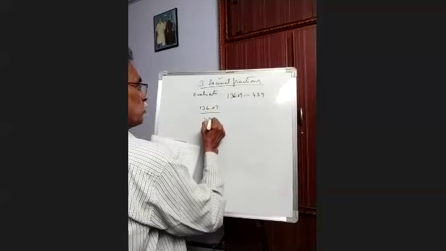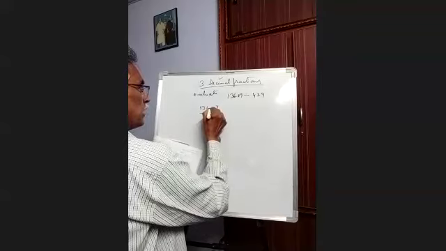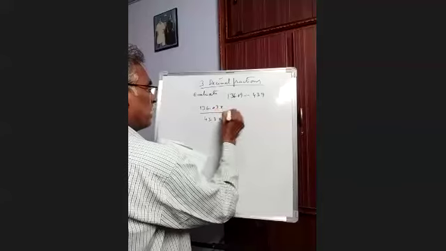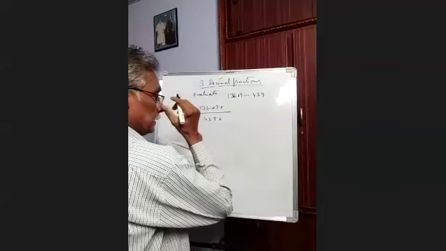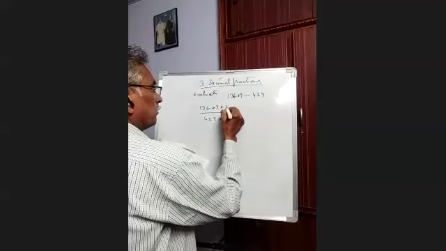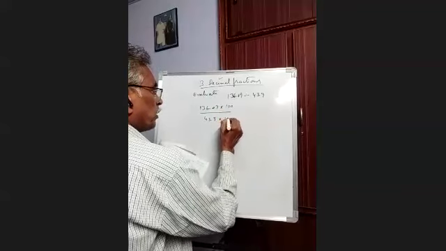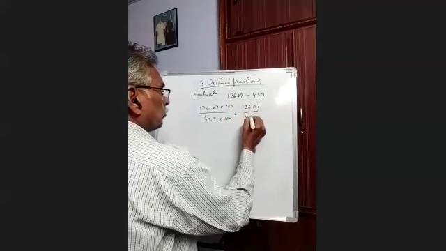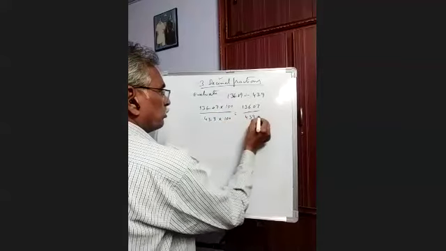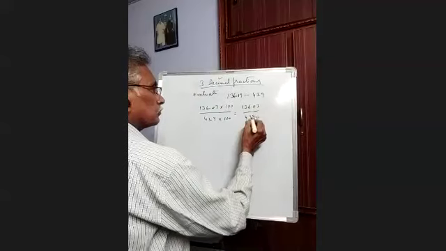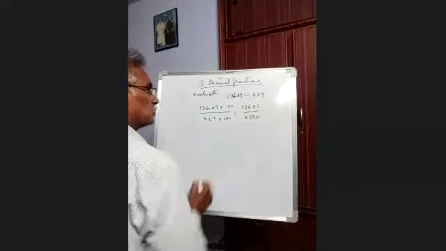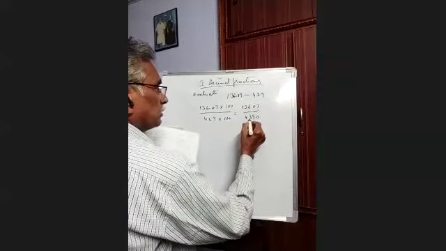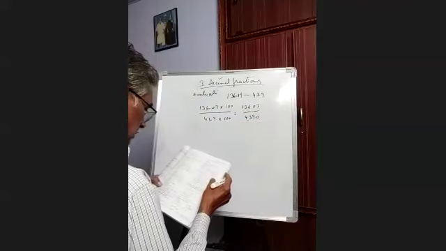We have to shift both the numerator and denominator towards the right equally. That means multiply this and this by 100, because here there are two decimal places. If you multiply by 100, here also you have to multiply by 100. 13,609 by 4,390.